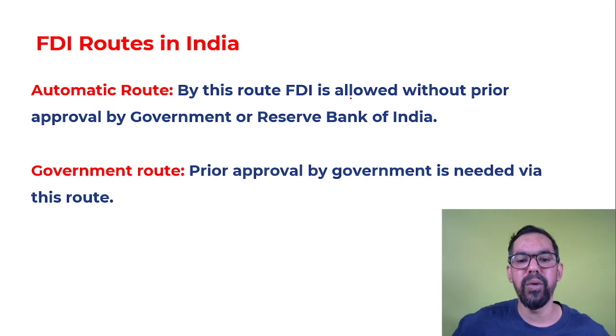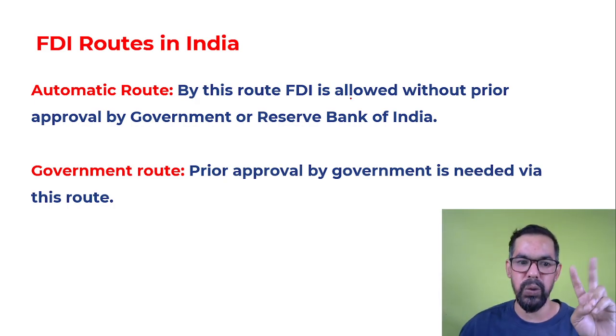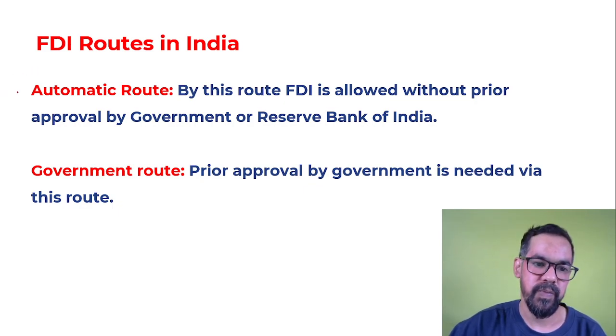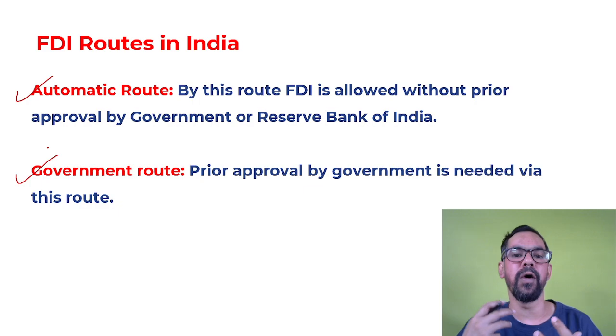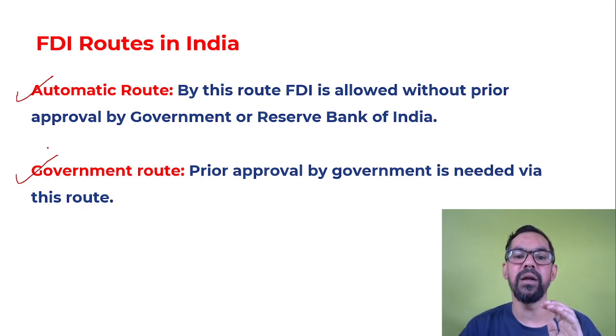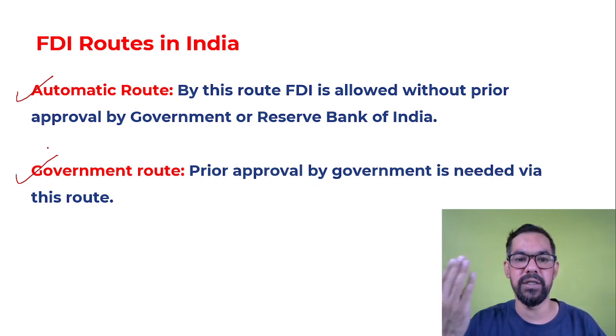If you talk about the foreign direct investment routes in India, we have two major routes. One is the automatic route and another one is the government route. In case of the automatic route, the bill was already passed in our parliament.